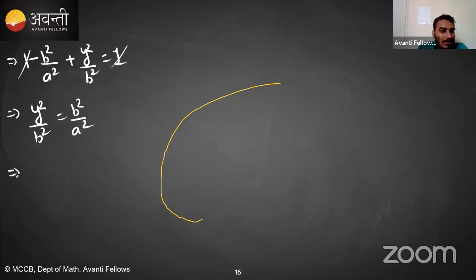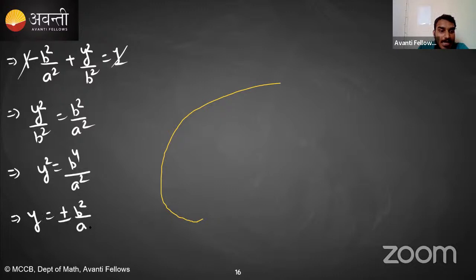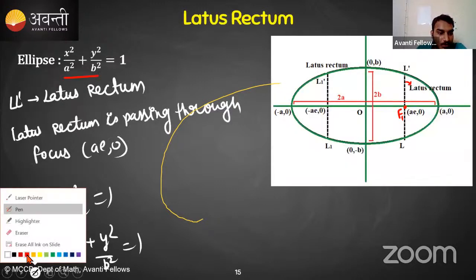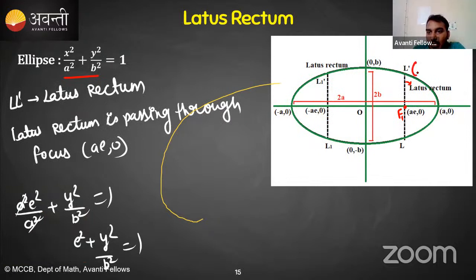So y square is equal to b raised to the power 4 upon a square, and y is plus or minus b square upon a. So the coordinate of L dash is (ae, b square upon a) and the coordinate of L is (ae, minus b square upon a). Yes or no?